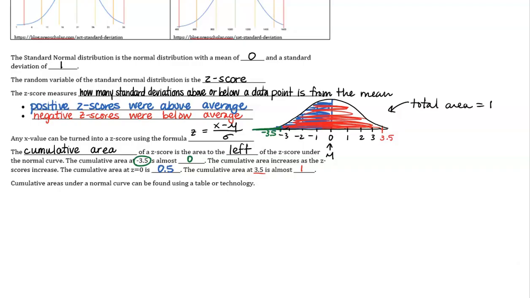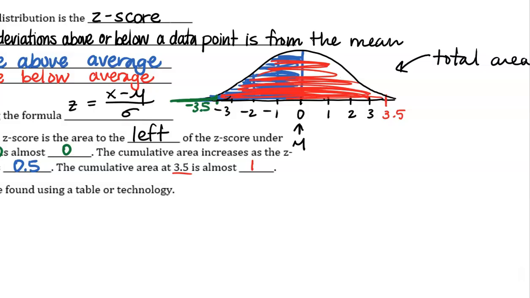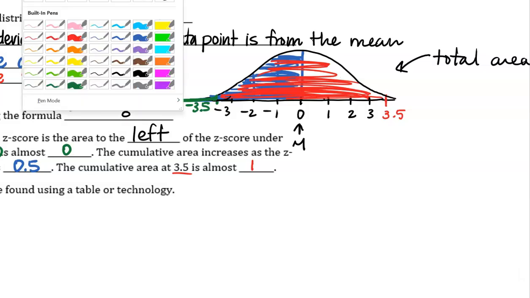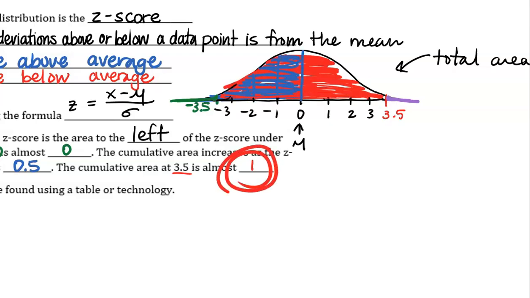So what that means, if the cumulative area at 3.5 is almost 1, let's put that in perspective. It is going to be very unlikely that you have more data. It's not going to be a lot of data that you have out here in purple. Most of the data is to the left of 3.5. And when I say most of the data is to the left of 3.5, I mean almost 100% of the data is to the left of 3.5.